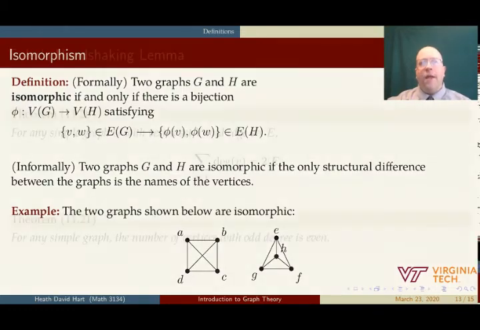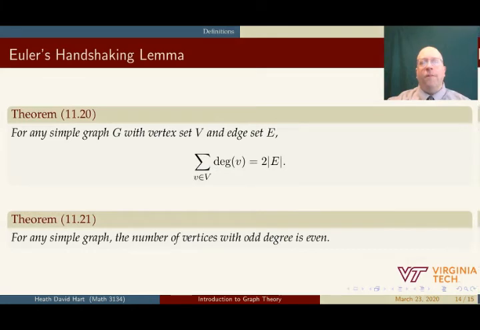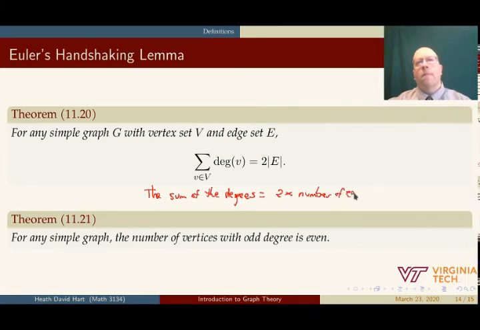But for today, we're going to end with a couple of theorems. First one is called Euler's Handshaking lemma. For any simple graph G with a vertex set V and an edge set E, the sum of all of the degrees is equal to 2 times the number of edges.